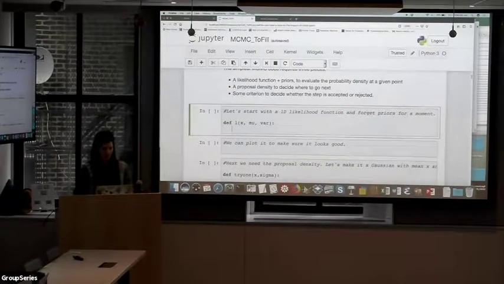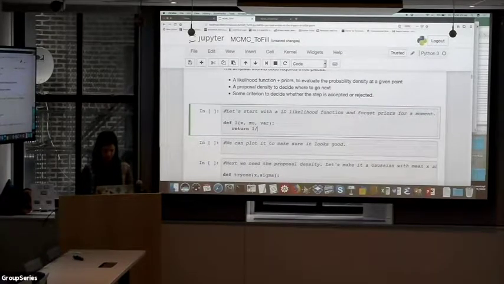Okay, so I'm writing a function. I'm defining this likelihood, which will be a 1D likelihood, and it will be a function of mu, the mean, and variance. So let's see, this should return, and you guys can type with me or even tell me what to do.